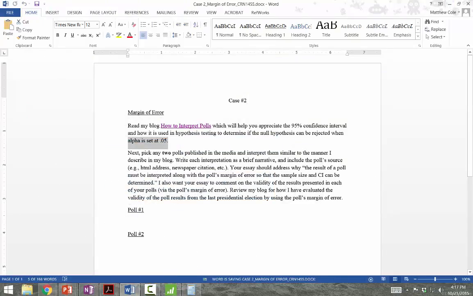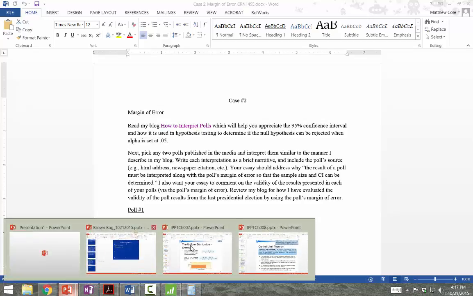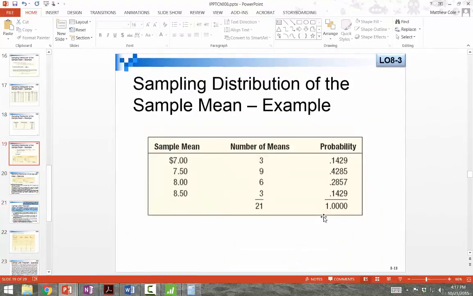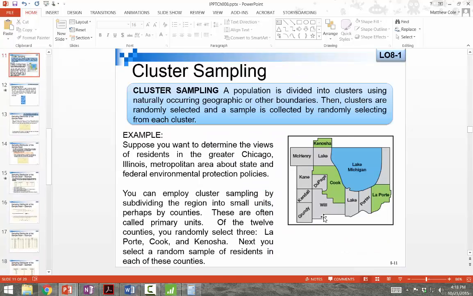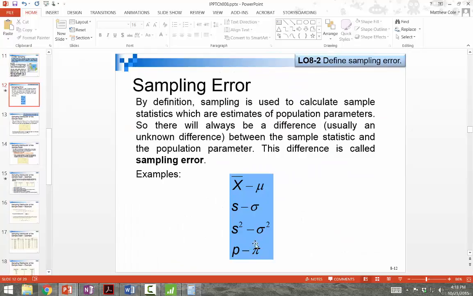Our case study 2 is going to use a population parameter referred to as rho, which is for proportion, right? The probability. And we're going to find out how accurate is the sample estimate, the sample statistic, meaning P, the probability.